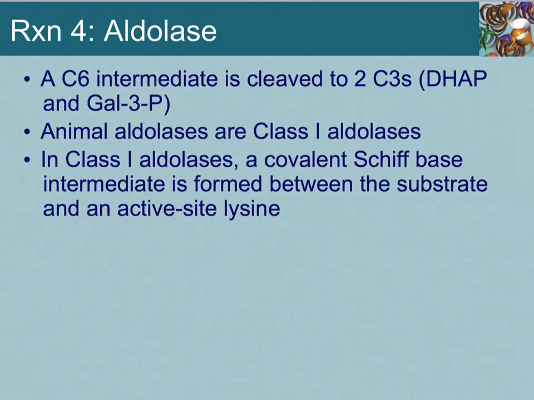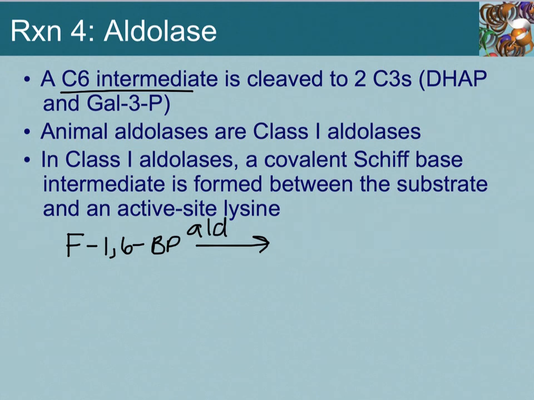Alright, reaction 4 of glycolysis is where we take our 6-carbon intermediate, fructose 1,6-bisphosphate, and it's going to be cleaved by an aldolase into 2 3-carbon fragments.